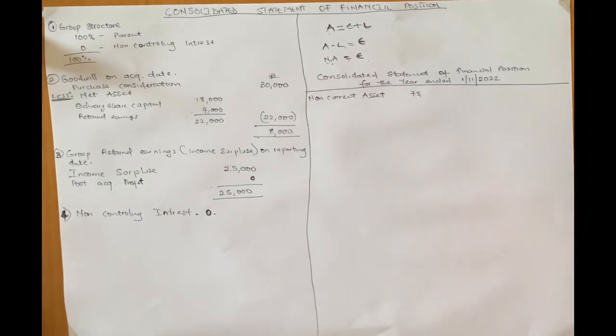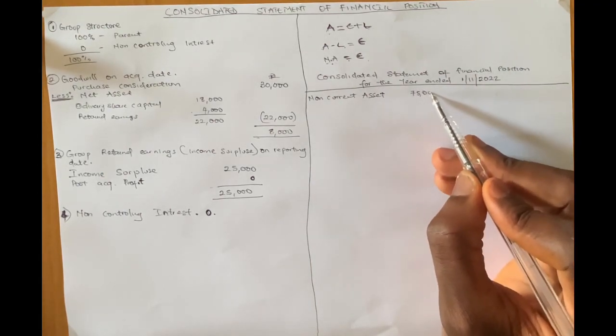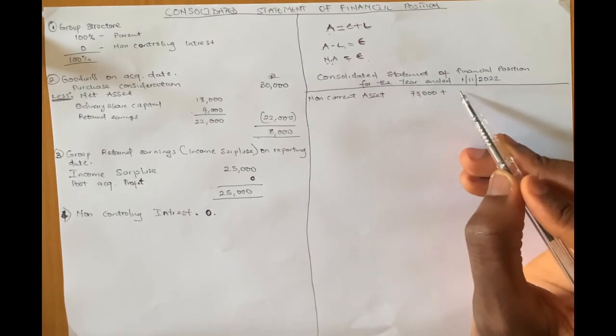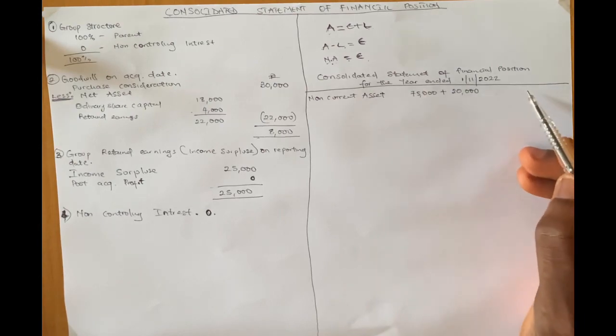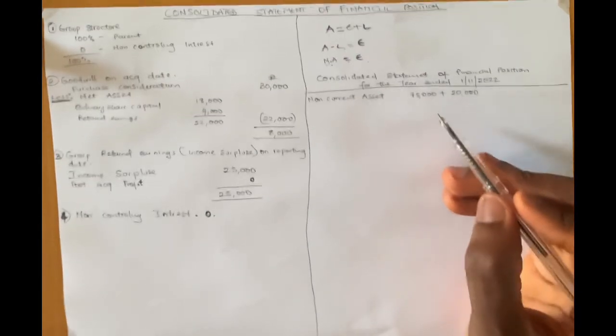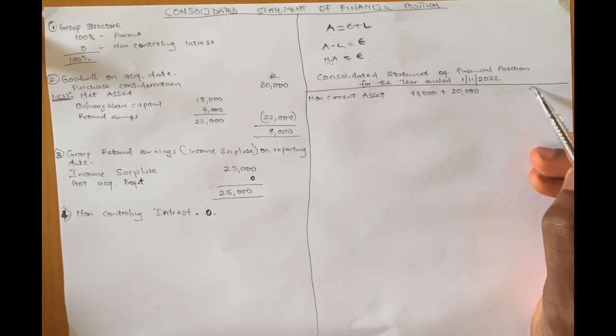Now we just have to bring the two accounts together. As I said, consolidation just means bringing together of two organizations' accounts. 75,000 plus 20,000 will give us 95,000.